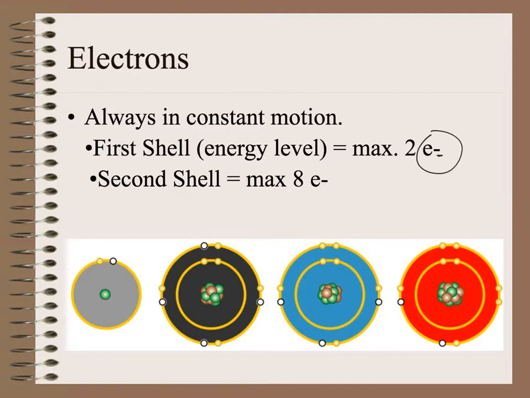There are way more details than what we're talking about, but for our purposes, we just need to know 8 electrons are in the second shell. So if I have 6 total electrons, 2 are going to fit into the first shell, and then 4 are going to fit into the second shell.